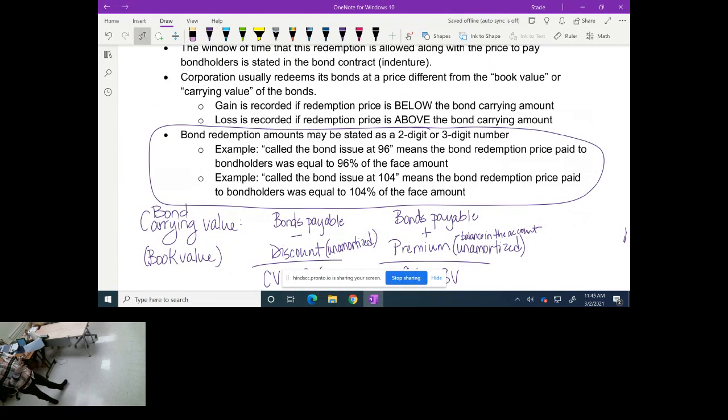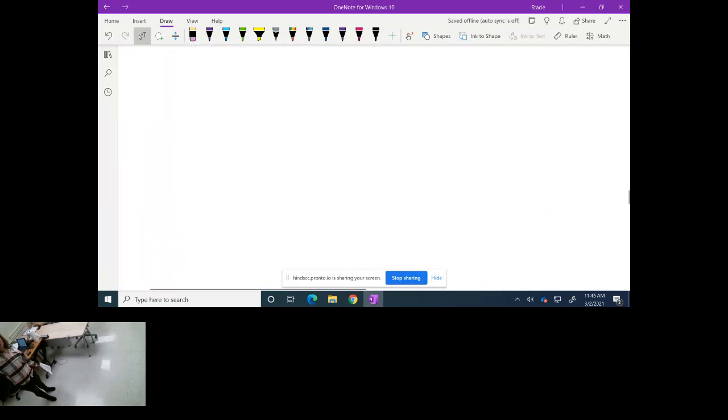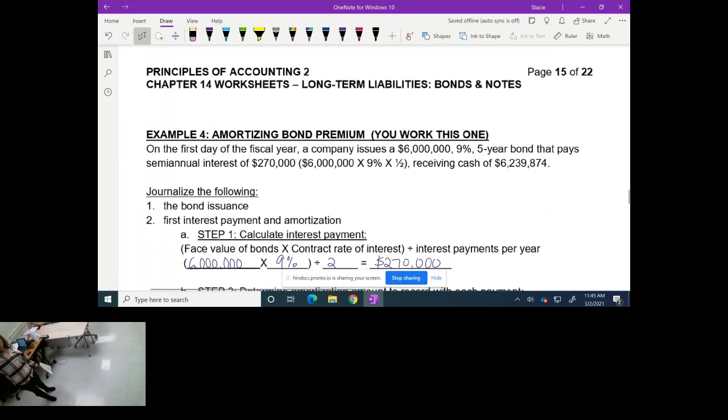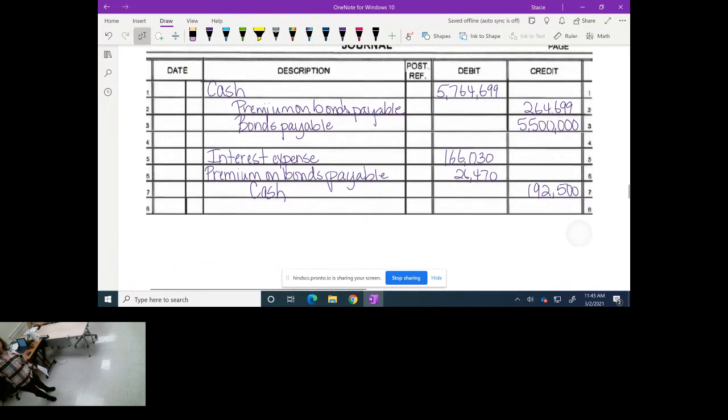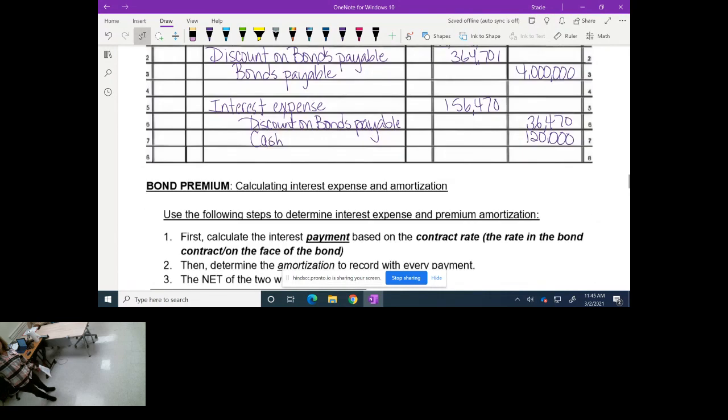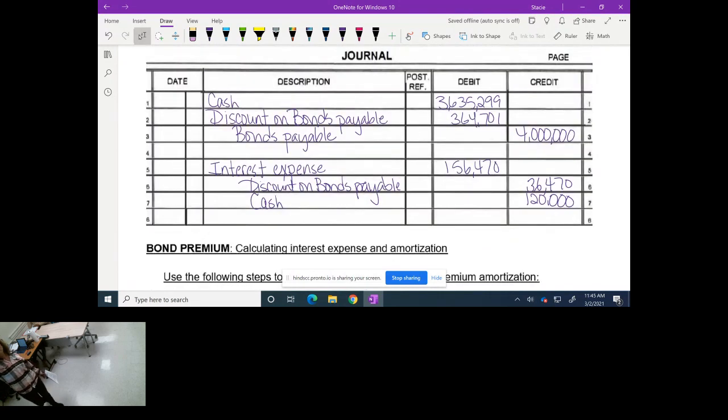When you have your test, you're going to have a progression of problems, usually in the order that we learned them. So if you have to, go back and look at one of your entries where you journalized a bond issue. Think about it: we got less cash than we're going to have to pay back. So our discount's a debit. It has a normal debit balance.